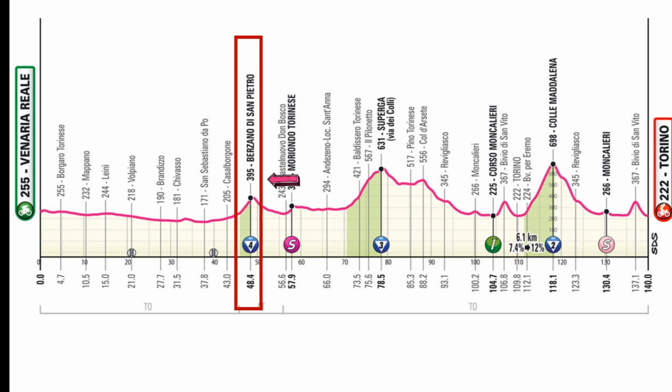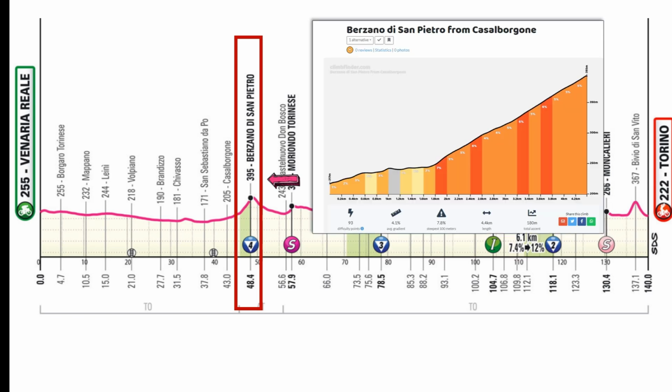So first of all, let's look at this first climb, right? Berzano di San Pietro. We see that you climb up to 395 meters, but I don't really know where it starts, but I do know it's at 48.4 kilometers that they reach that height. So I go look up this climb, and there's actually a map that's provided to me that's more detailed.